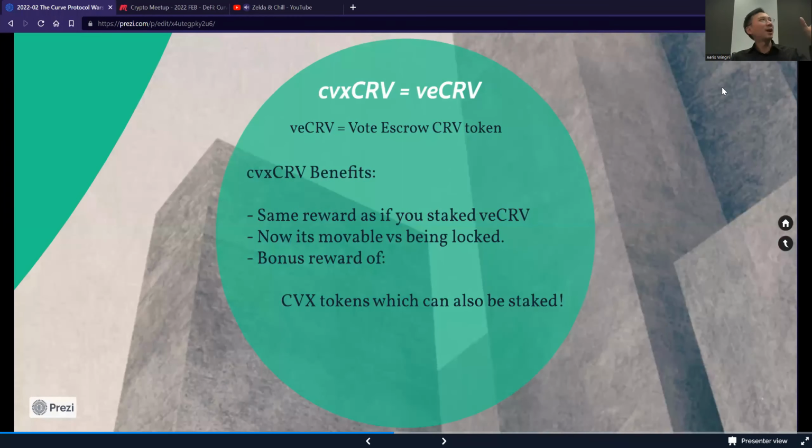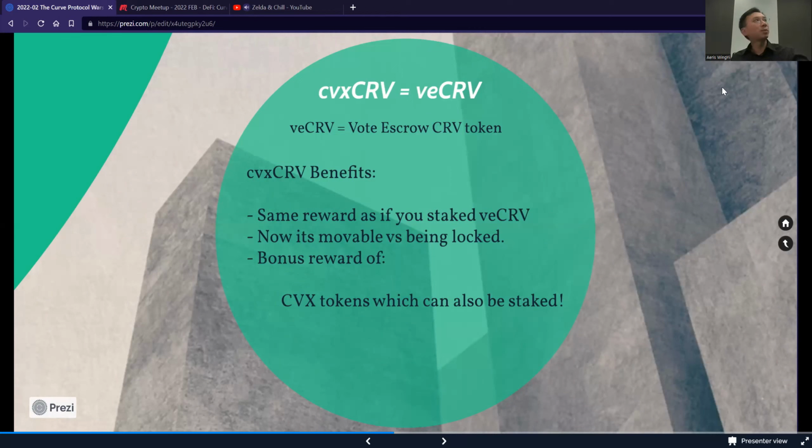The CVX CRV, I'm getting confused, is the unlocked VECRV on Convex, which can move around. On the Convex network, you get to lock it and get the same rewards as if you locked the original CRV on the Curve protocol.